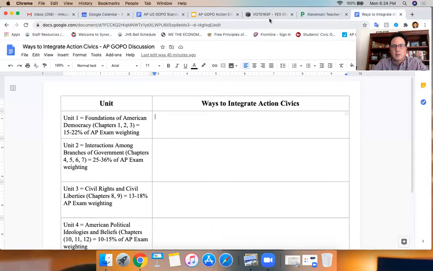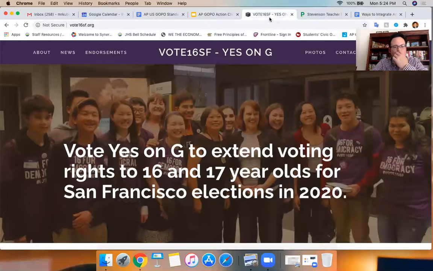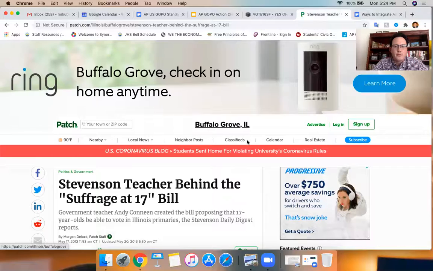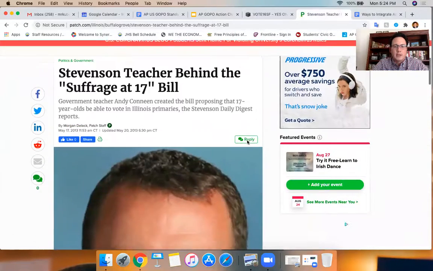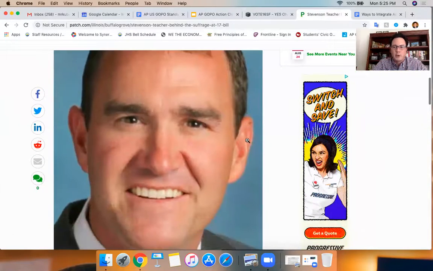But the last thing is I wanted to show you 2 things. This Vote 16 is one thing in San Francisco that a lot of people are doing Action Civics, and I have a couple students who got into Action Civics and got involved in this. And then one of my colleagues in Action Civics with MICVA, his name is Andy Canine. Many people know of him as the guy who does the C-SPAN, APGov crash courses right before the exam.